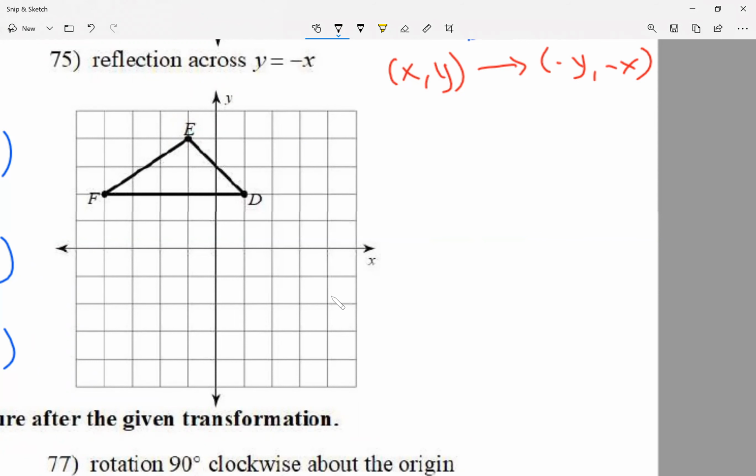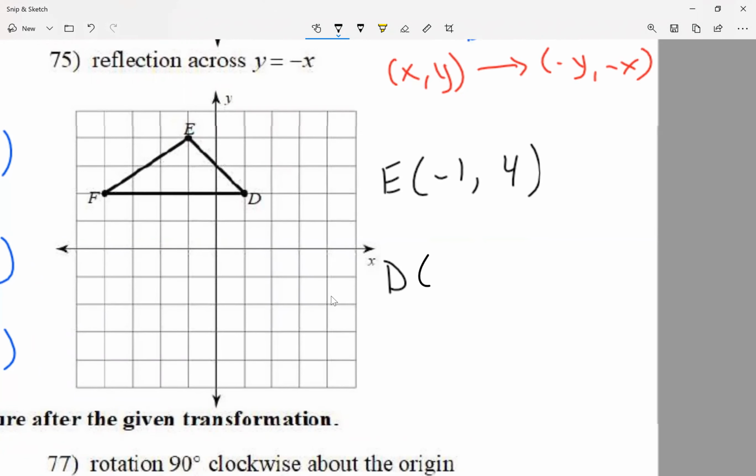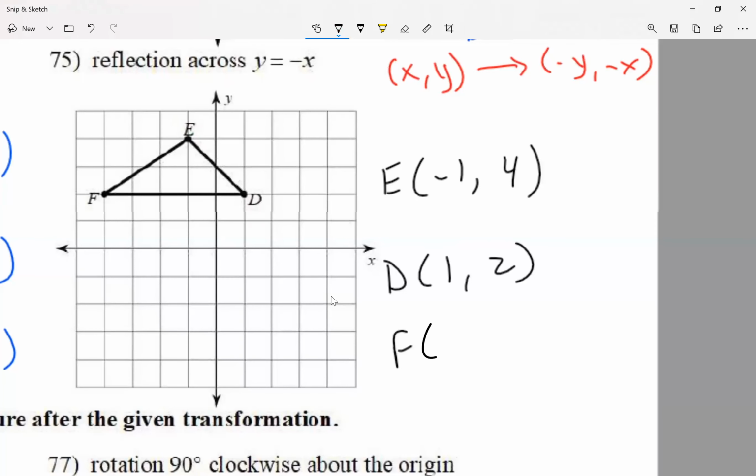Let's see. The original points are point E is -1, 4. Point D is 1, 2. And point F is -4, 2. Those are the original points.